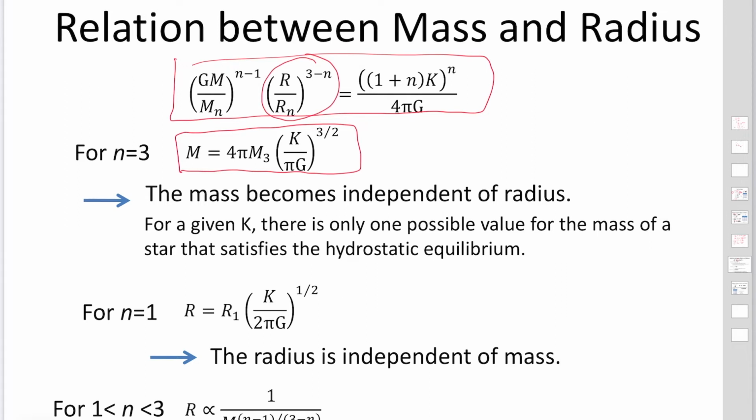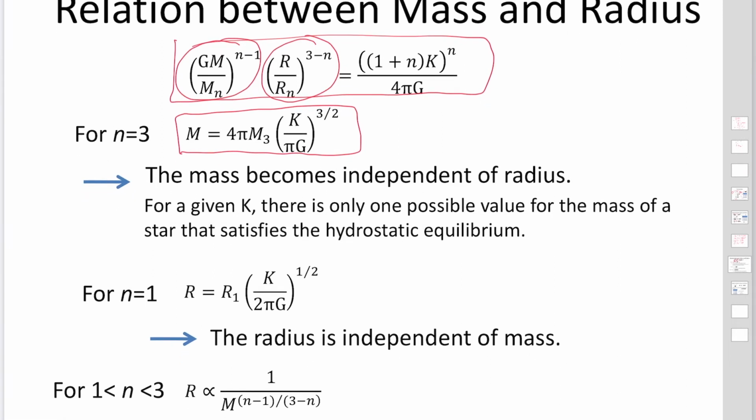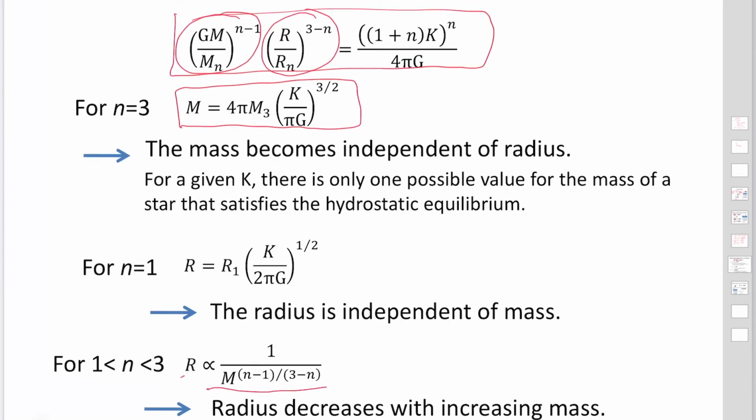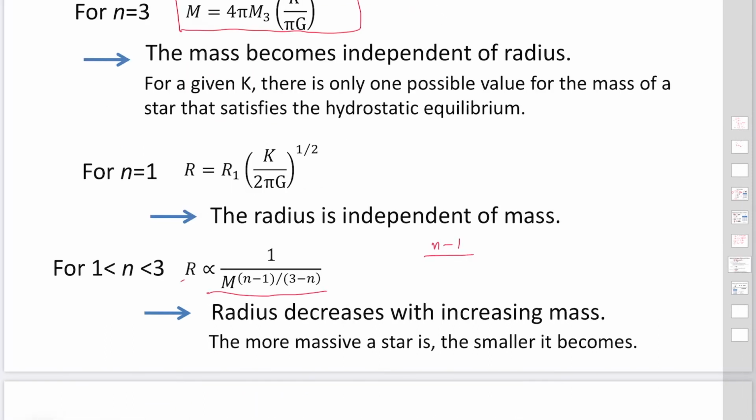In the case of n equals 1, this term becomes 1. So in this case, the radius is independent of mass by looking at this equation. For n between 1 and 3, R becomes a function of the mass. n minus 1 over 3 minus n is positive.